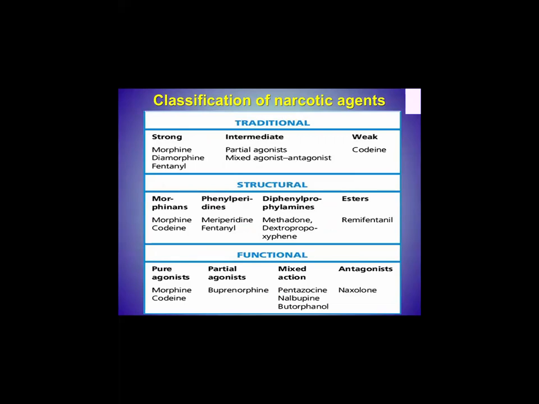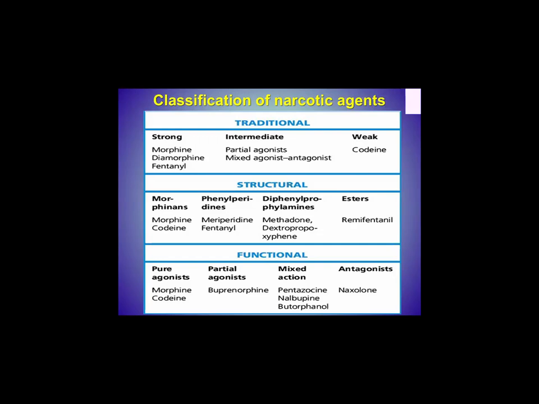We have strong-acting opioids such as morphine, diamorphine, fentanyl. You know the classic representative of this group, it's morphine. But fentanyl is a synthetic medicine. It is 100 or even 400 times stronger than morphine.